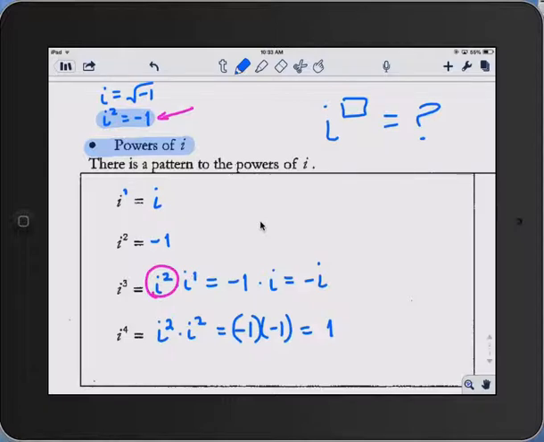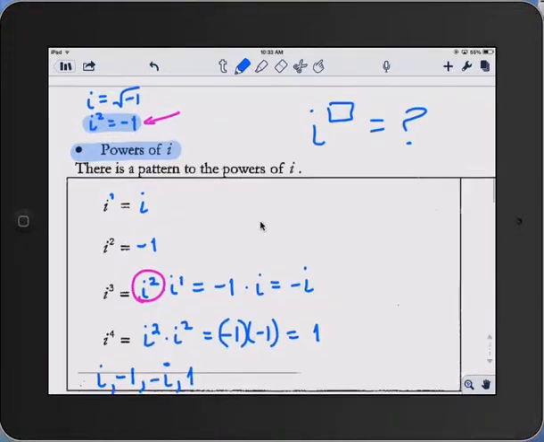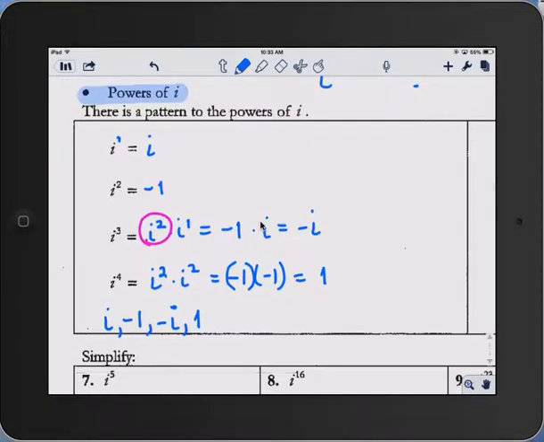i to the first, i to the second, i to the third, i to the fourth, i to the fifth, i to the sixth, etc. goes to the pattern i, -1, -i, 1. So for example, i to the 6th would equal -1. i to the 7th is equal to -i. i to the 8th is equal to 1.